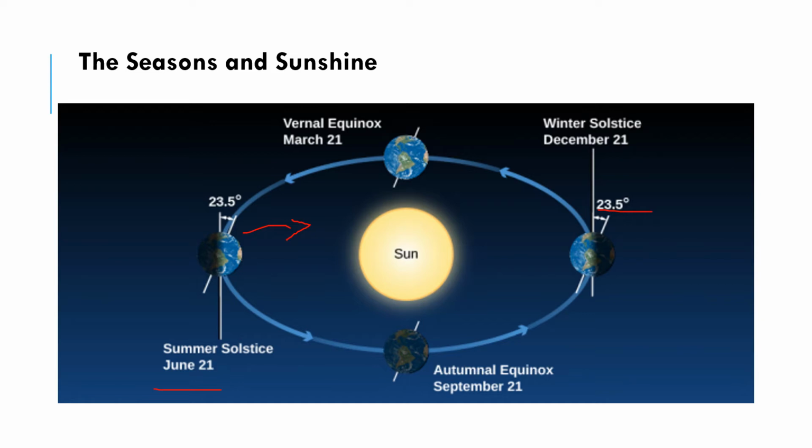In December, the situation is reversed. The southern hemisphere leans into the Sun, and the northern hemisphere leans away.